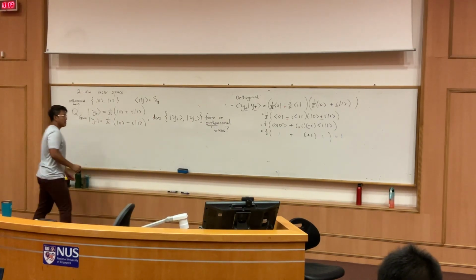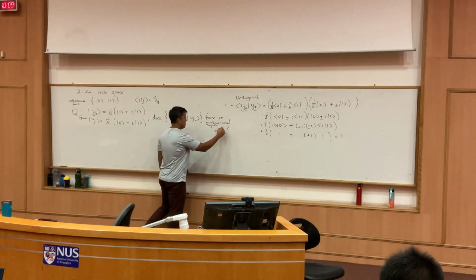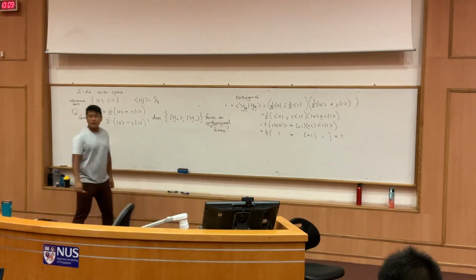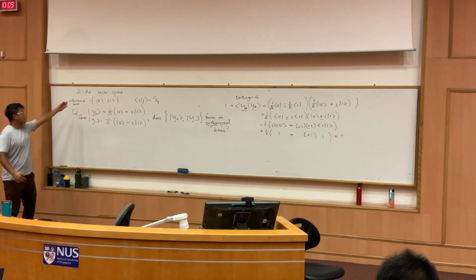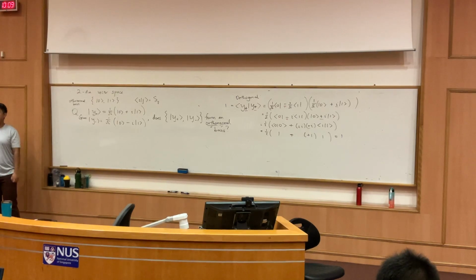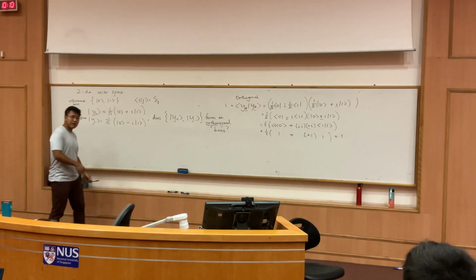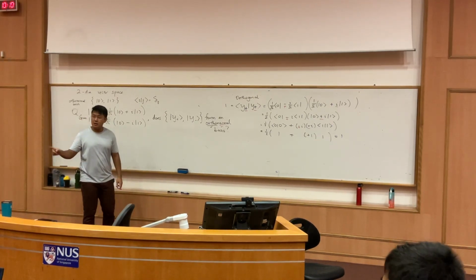Okay, good. So it's normalized also. And last step, is it a basis? Well, because the two states are linearly independent and the vector space is two-dimensional, they'll definitely span everything. Good. Any questions here so far?